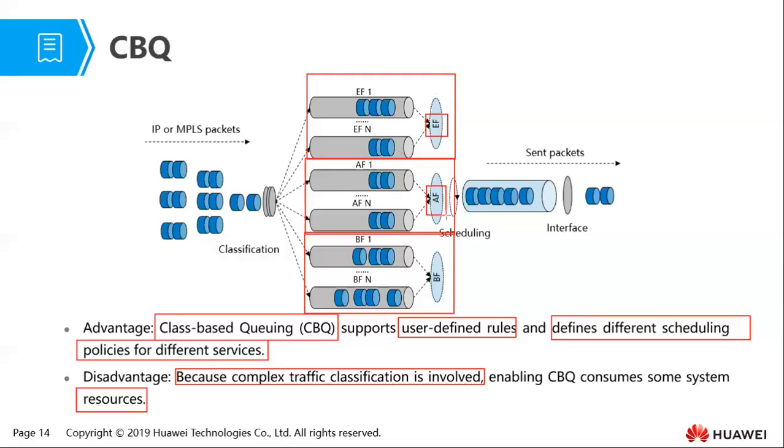Then for AF, we also looked at examples, and we also have different levels. Then default, we also have best effort. If packets do not match any configured traffic classifiers, then they are forwarded using the best effort queue.